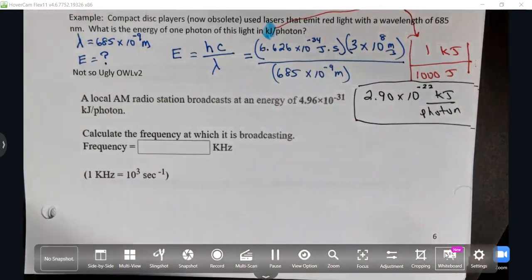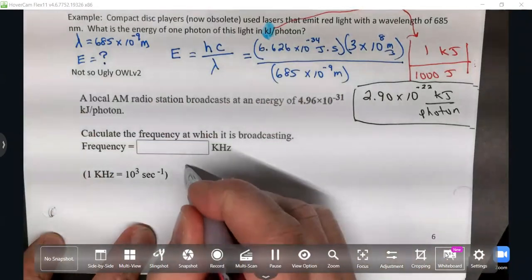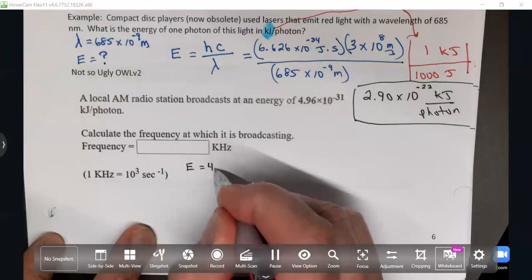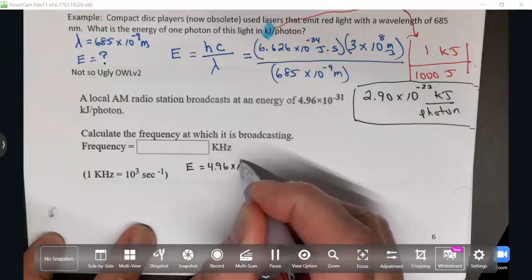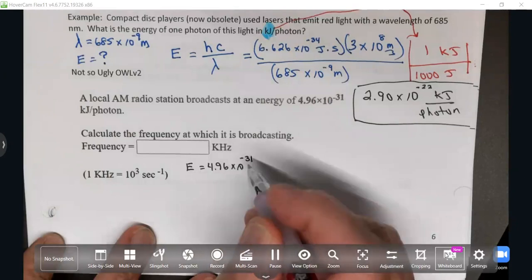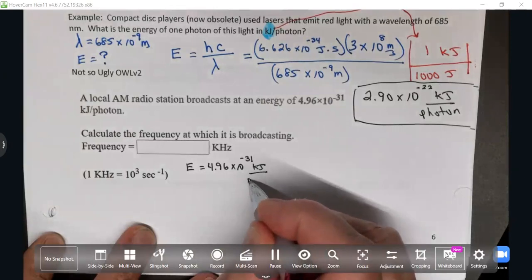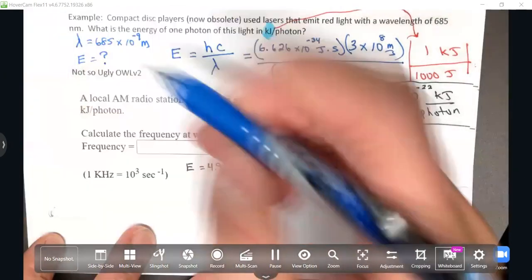All right, so write down what we got here. We know that our energy here is equal to 4.96 times 10 to the minus 31 kilojoules per photon. Now let's change that to joules.